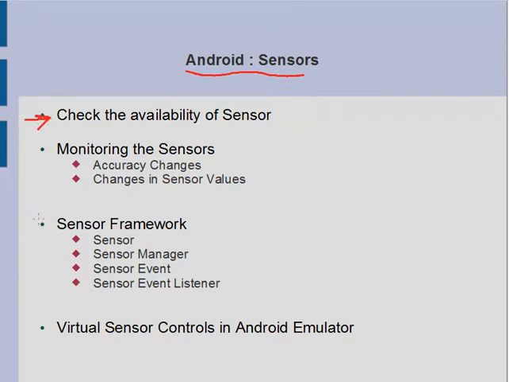And then the next thing is, if we see that a certain sensor is available, then we will add something to our code or software to monitor those sensors. And what can we monitor in the sensor? We can, for example, monitor the accuracy changes in the value of those sensors.